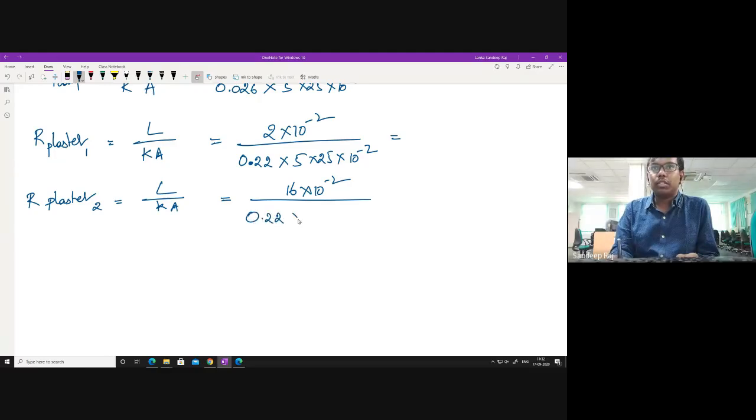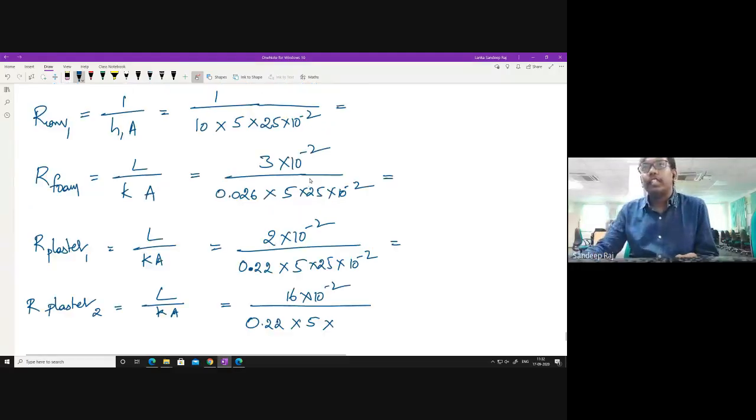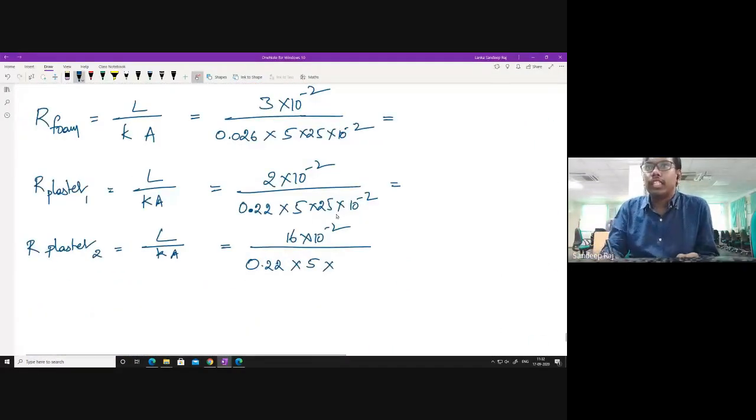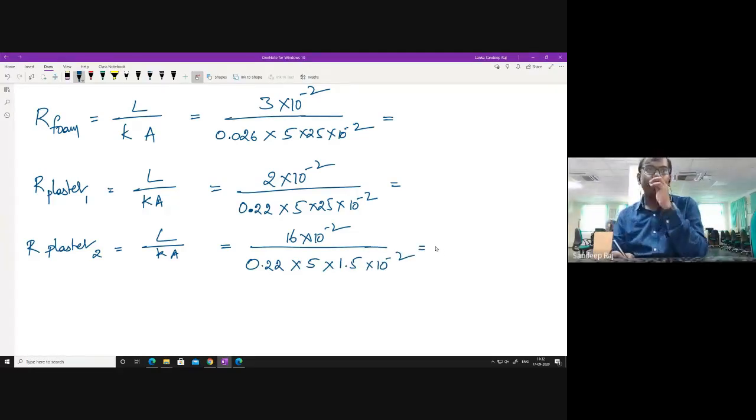Anyways, it is 0.22. And here you have 5 meters wide. And what is this area here? This 5 into this 1.5, on both sides it is 1.5. So what I should multiply here is 1.5 into 10 to the power of minus 2. This will be the area perpendicular to the direction of heat transfer in case of your R plaster 2.